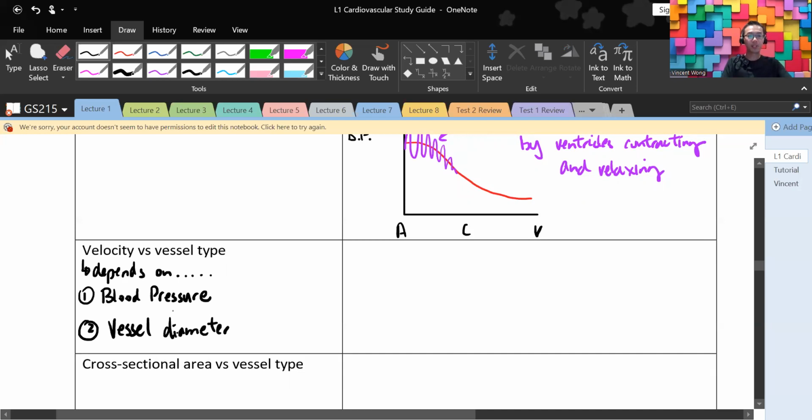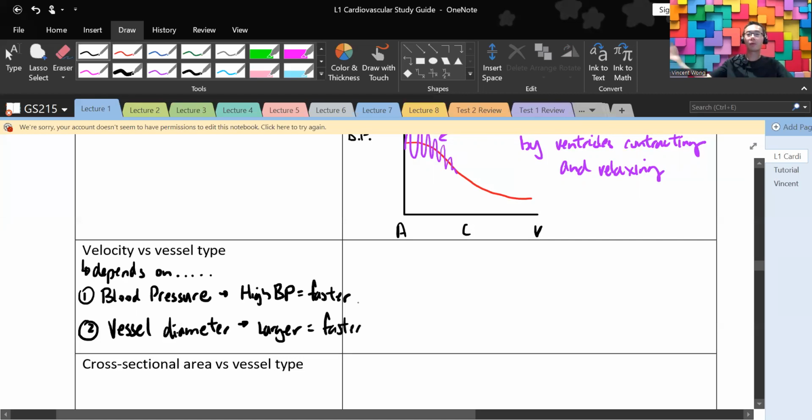Generally speaking, the higher the blood pressure, the faster it's going to go, right? So high BP equals faster. And for vessel diameter, larger equals faster.